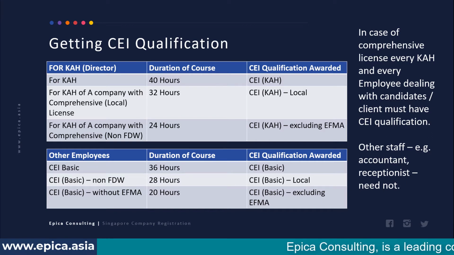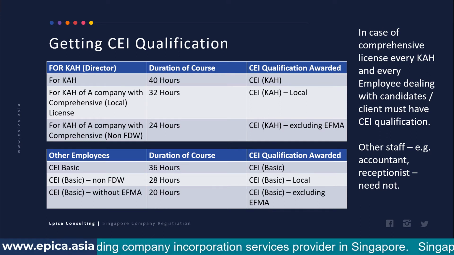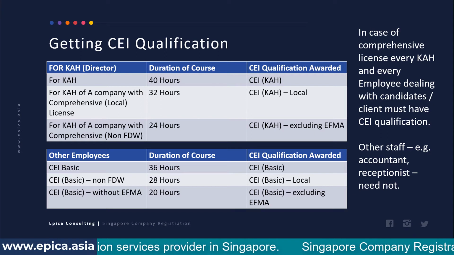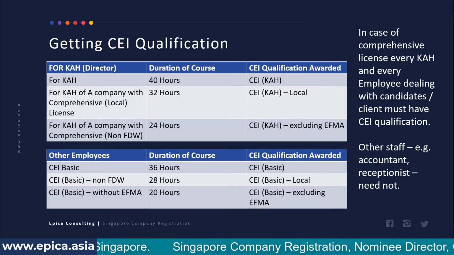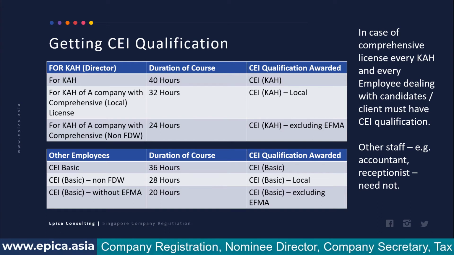Select licenses don't have to pass the CEI qualification. Only the comprehensive license holders do: in that organization there should be at least one key appointment holder, and every employee who interacts with potential candidates and clients will be required to obtain this qualification.